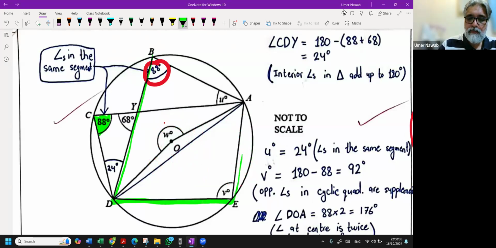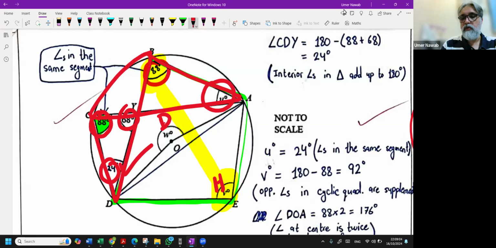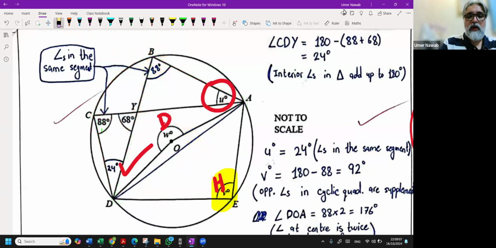If I know this is 88, I can easily find V. If I find V, it is half and double, so W can be easily found. Now, if I know these two angles, I can find this is 24. So if this is 24, angle in the same segment, U should also be equal to 24. So everything is discussed.